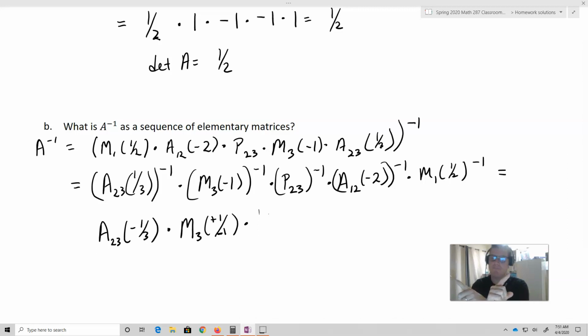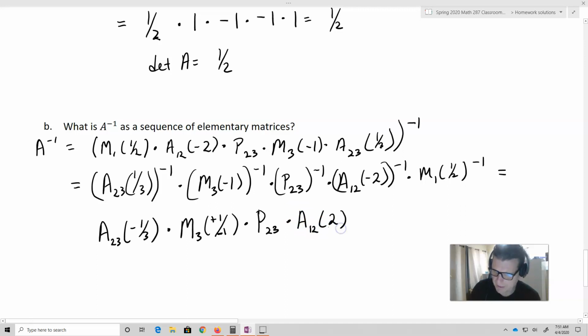So if you want to switch them back, just do the same thing. So that remains the same. P23 times A12 negative 2 is going to be A12 positive 2. Times M1, and as I said before, we just take the inverse of that, so it's going to be 2. And that in fact is A inverse. Let me write these out just to give you a little bit of practice.